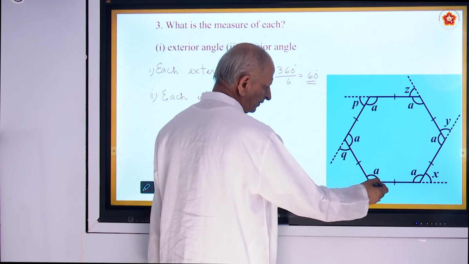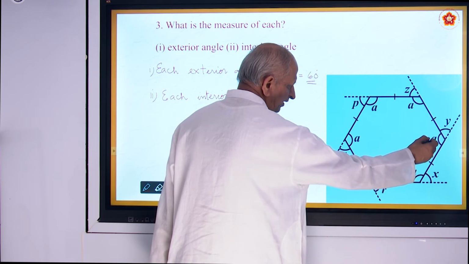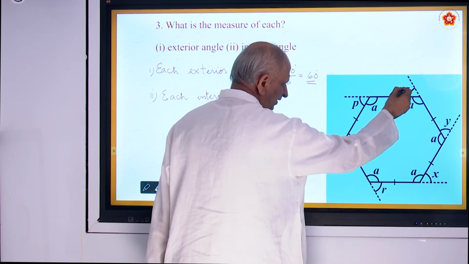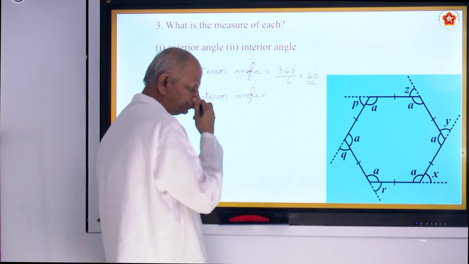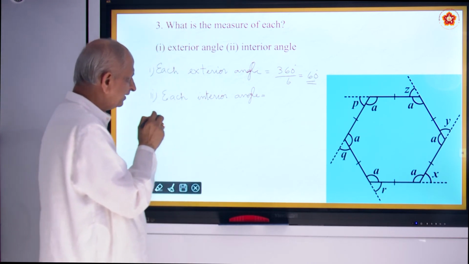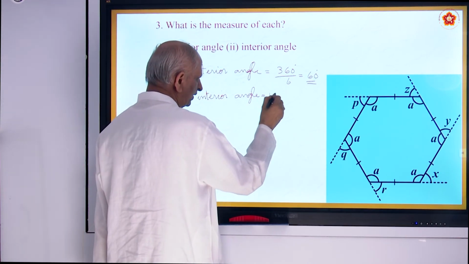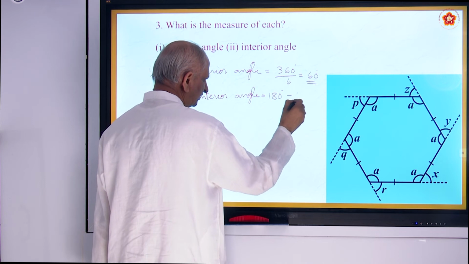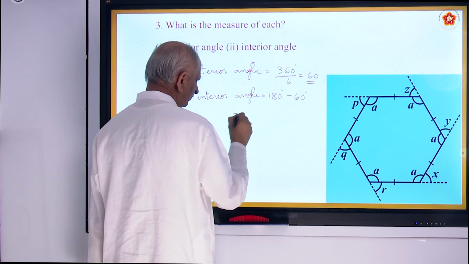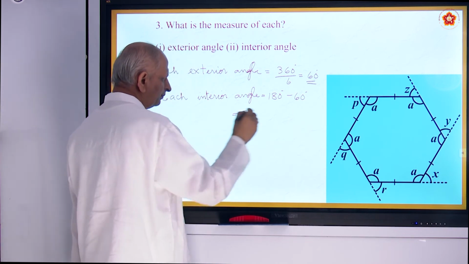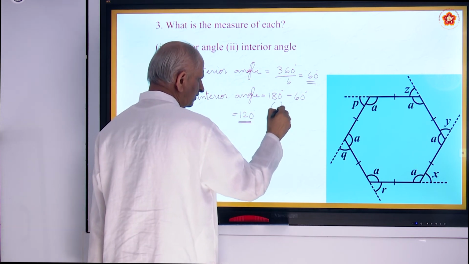A plus R 180, A plus X 180, A plus Y 180, A plus Z 180, A plus P 180. That is a linear pair. So 180 minus 60, that is 120 degrees, because it is a linear pair.